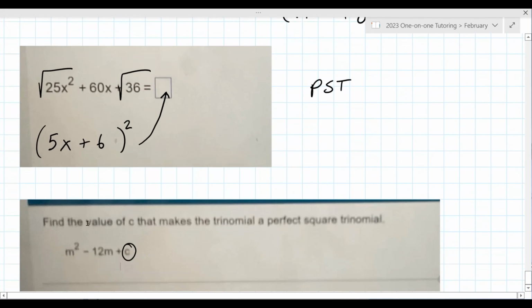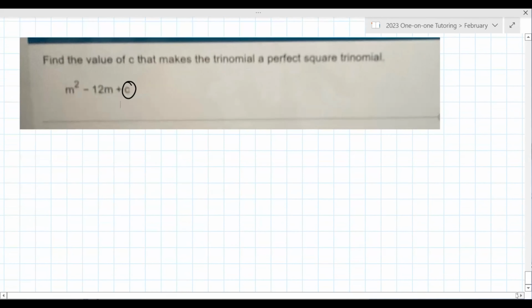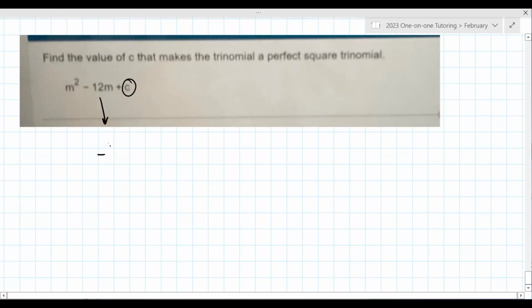You take half of this number, cut it in half, and then square it to go back. So this is your answer for that, wherever the box is. We can cover that next time.